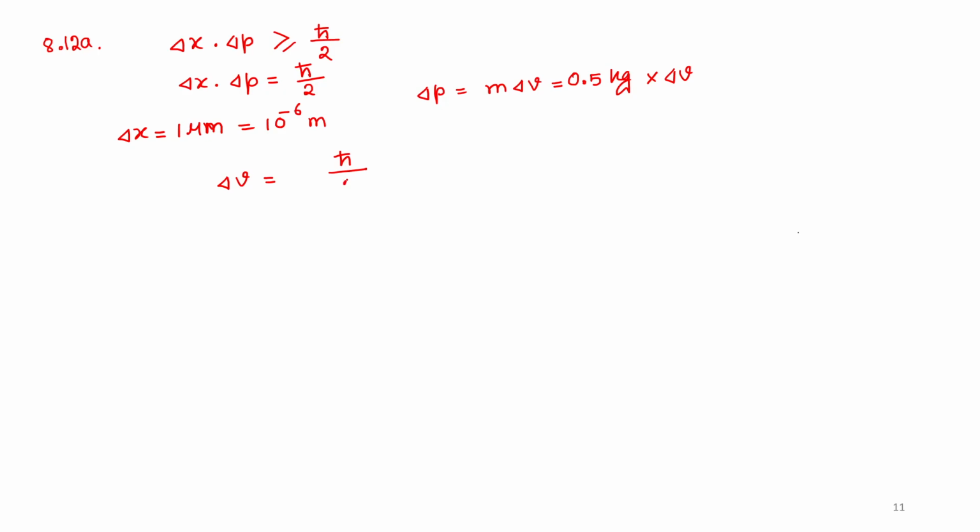So delta v would be h cut by 2, 1 by delta x, into 1 by mass.